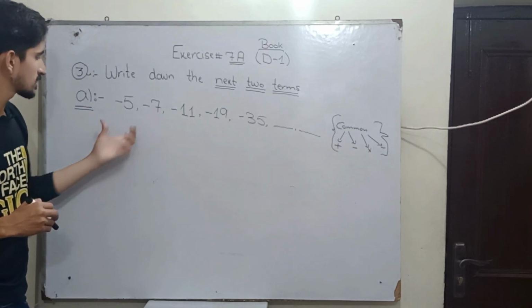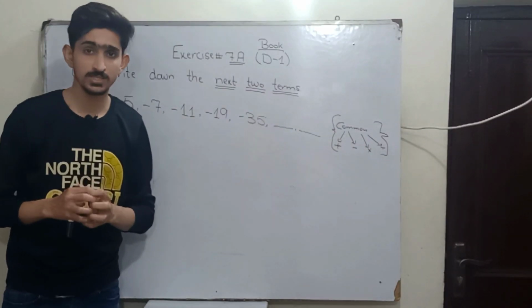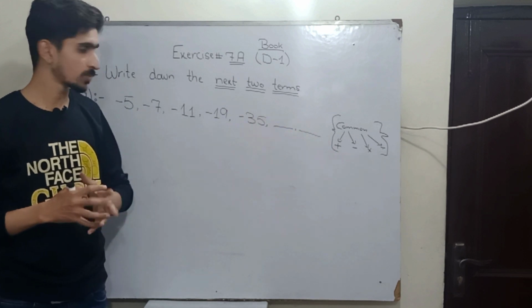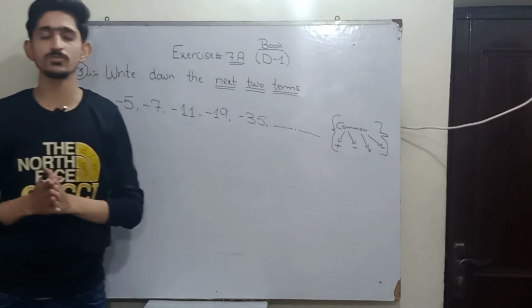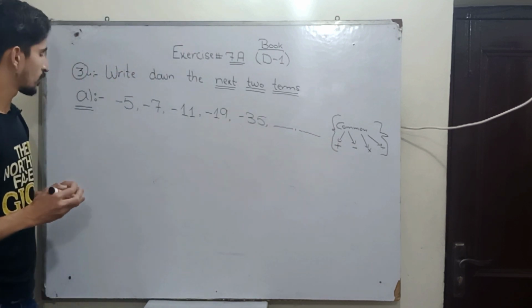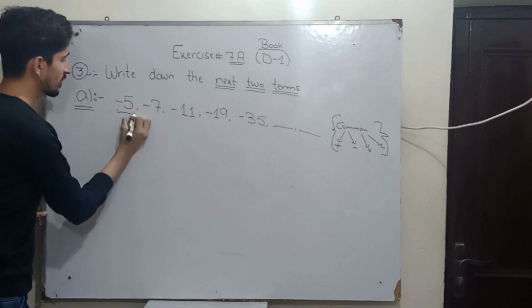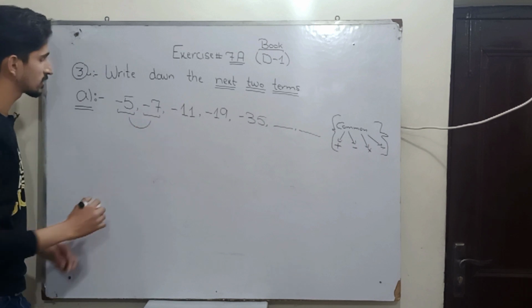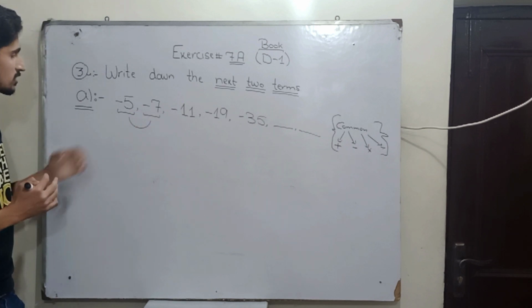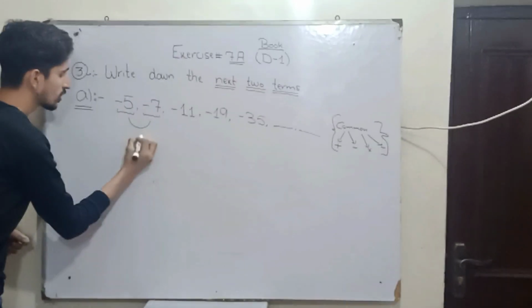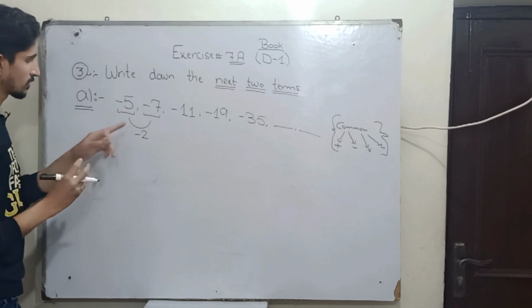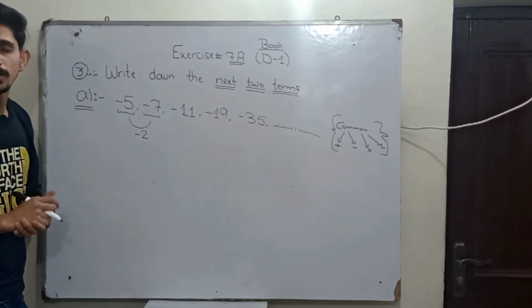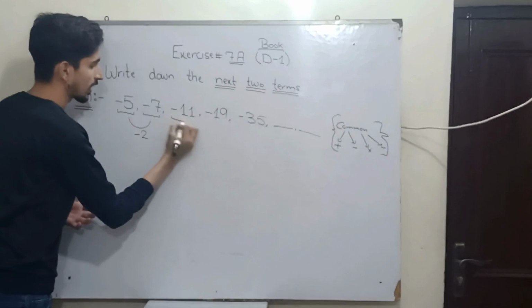In this case, we just need to check whether there is anything common. The common property could be addition, subtraction, multiplication, or division. The first term is -5 and the second term is -7. The common difference between these two terms is 2, since subtracting 2 from -5 gives -7.